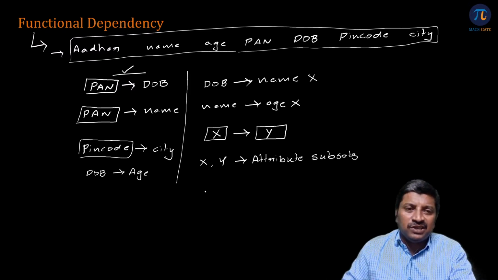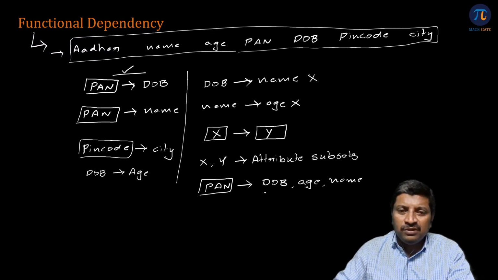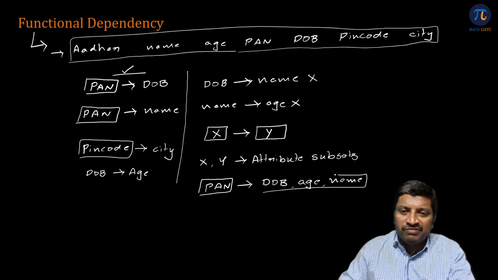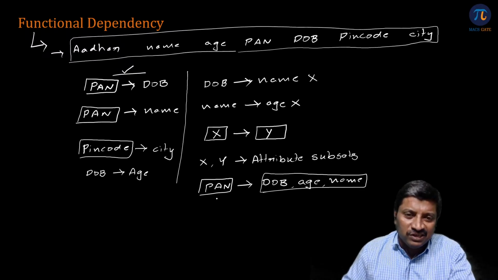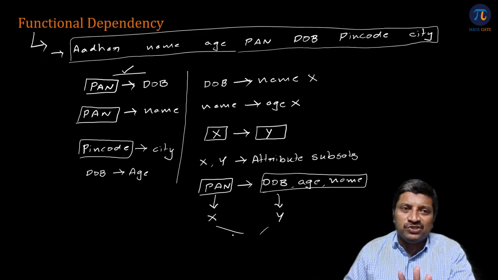For example, instead of writing the first two functional dependencies separately, whenever I know PAN card, I can find date of birth, I can find age, I can find name. Am I right, sir? So this is one example of a good functional dependency. In this case, this is my X, this is my Y. These two are subsets of the attribute sets.